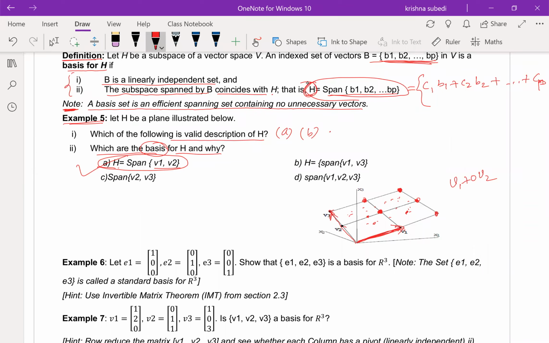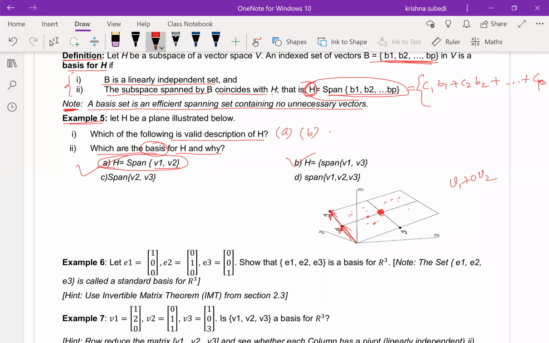Let's say part C. In part C, I'm given only v2 and v3. Can I express this point using v2 and v3? No. I have vectors only in one direction.